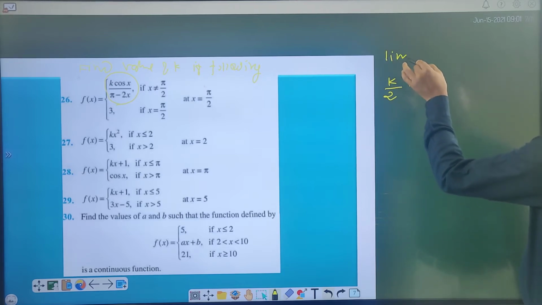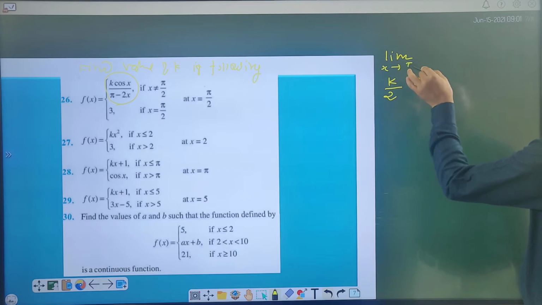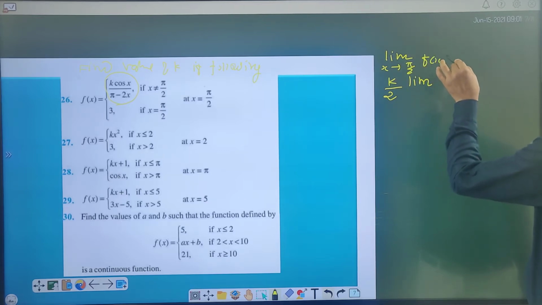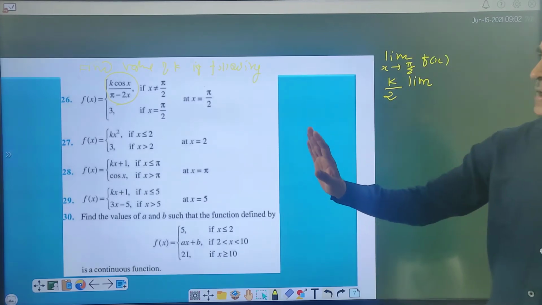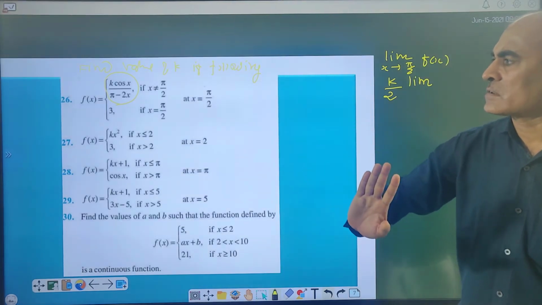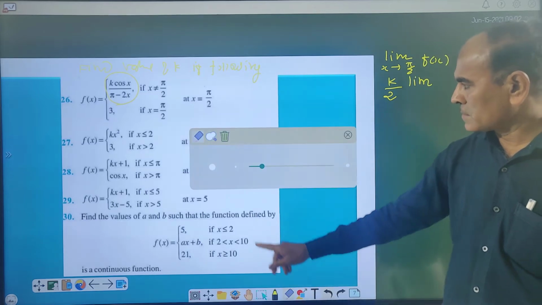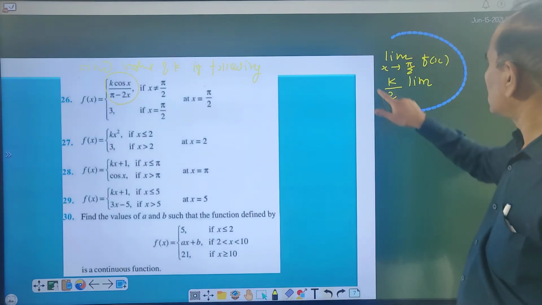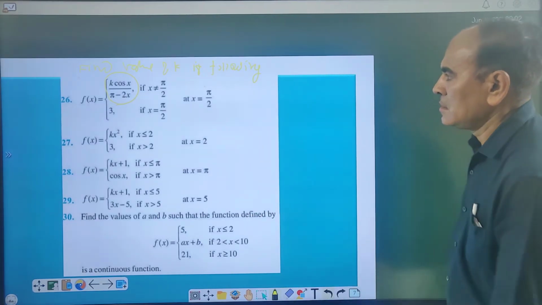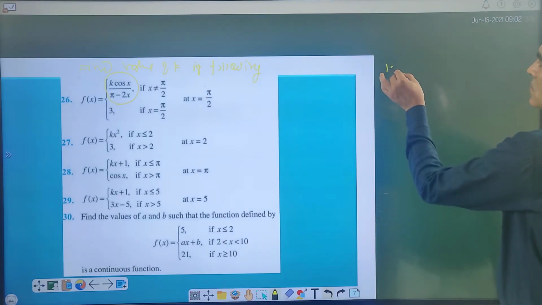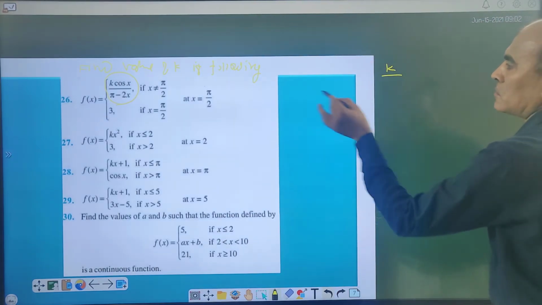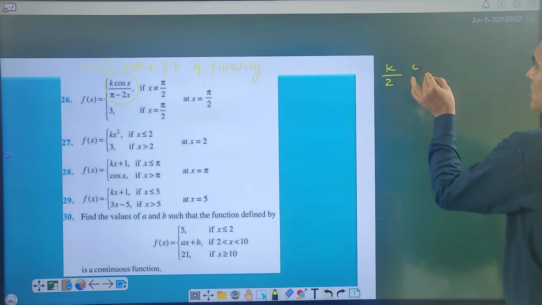That is, limit x tends to pi by 2 of f of x. But as far as multiple choice questions are concerned, we have to see directly how. See, this limit comes out with k common. Take 2 common from the denominator. What is the numerator? Cos x.